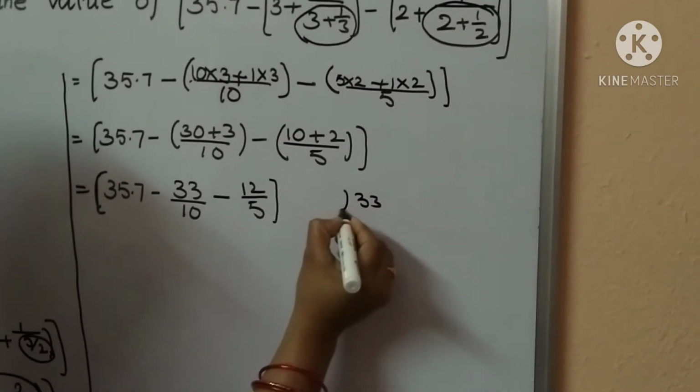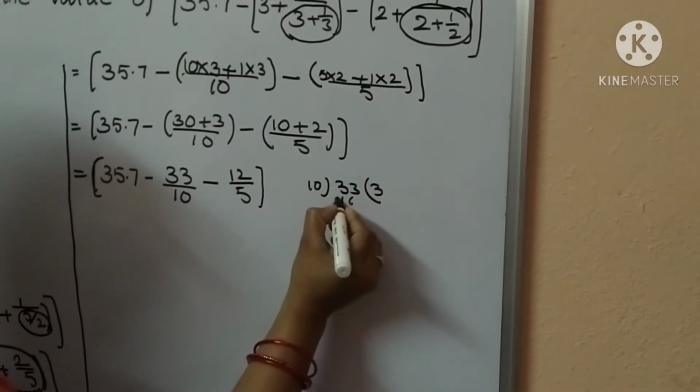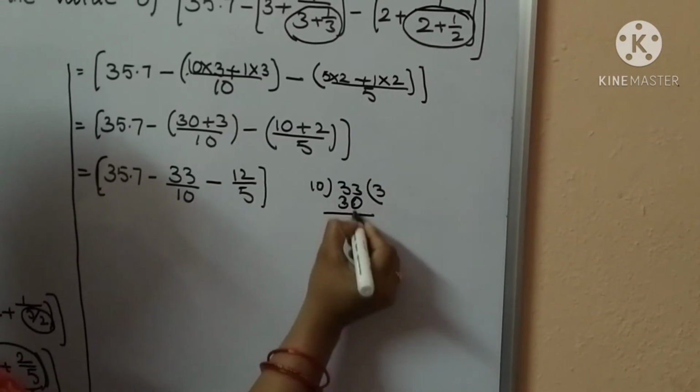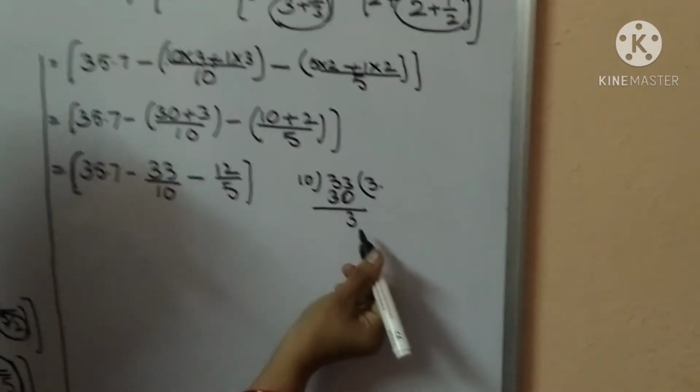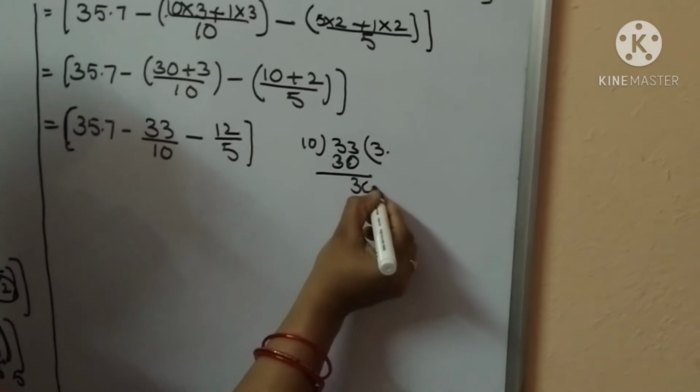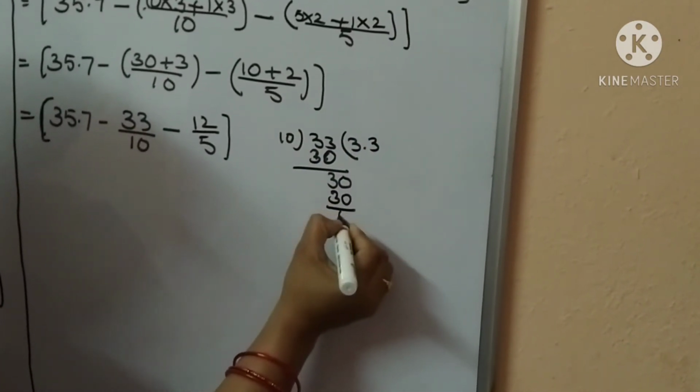33 by 10 division. How many times possible? 3 times possible. 3 tens are 30. Here 3 is remaining, so we put the point and take 0. 3 tens are 30.